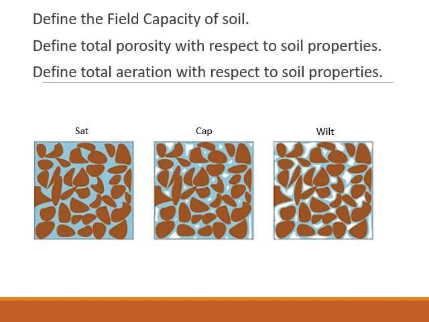All right, so again, define field capacity. We already did that on the one slide. That is when all pore space is occupied by water and allowed to drain. Total porosity, with respect to soil properties, which one is that?